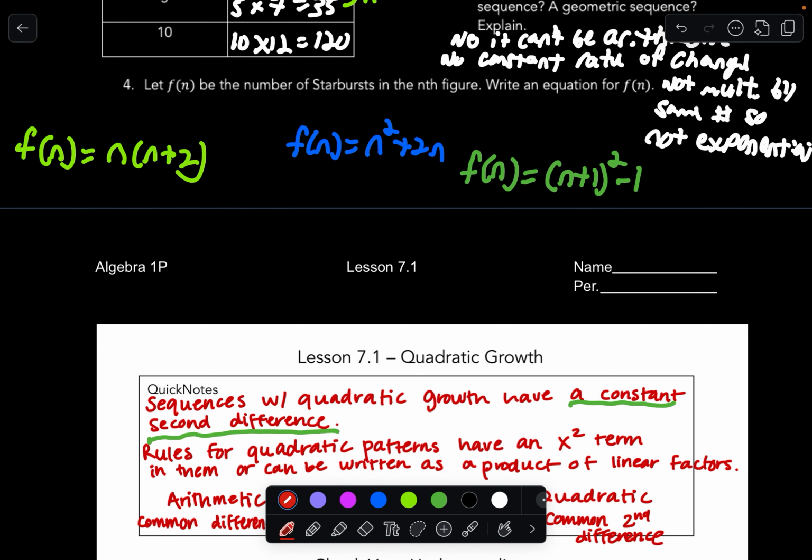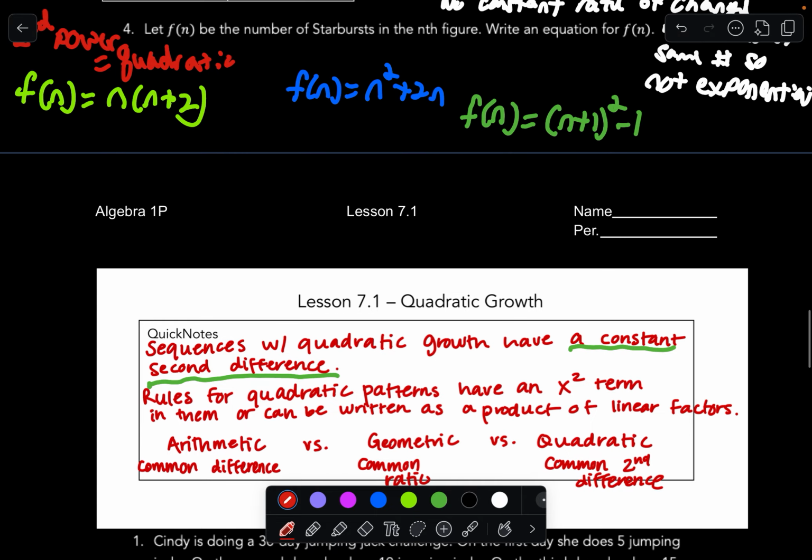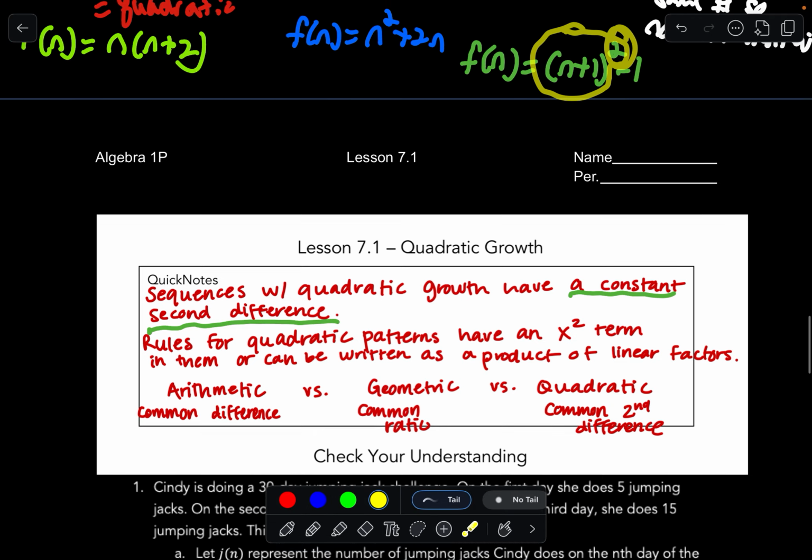So, second power equals quadratic. Okay? And even this one, even though I didn't show you how this works, you will see it. That's to the second power, so that is also quadratic.